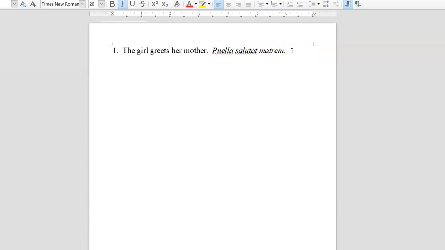Now let's change the example here. And again, for many of you, this is going to be a review, but I think for some of you, this might be a good week to consolidate before we move further in Wheelock's Latin. So let's take a look at this example.